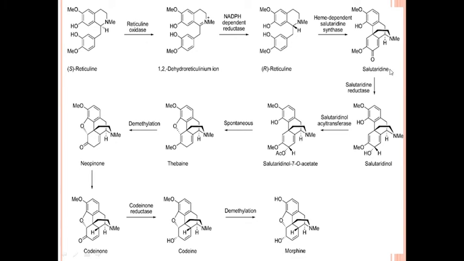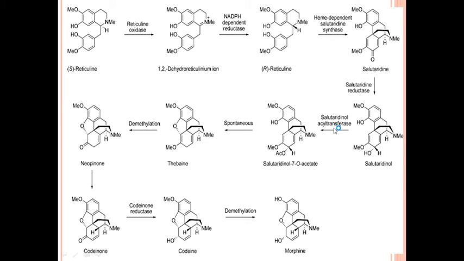So due to phenolic oxidation, reticulin is converted into salutaridine. Now that salutaridine is converted to salutaridinol by using the enzyme salutaridine reductase. Salutaridine reductase is involved in biosynthesis of morphine by benzylisoquinoline alkaloid, and it catalyzes the stereospecific conversion of salutaridine to salutaridinol. That salutaridinol is converted into salutaridinol 7-O-acetate by using the enzyme salutaridinol acetyltransferase.